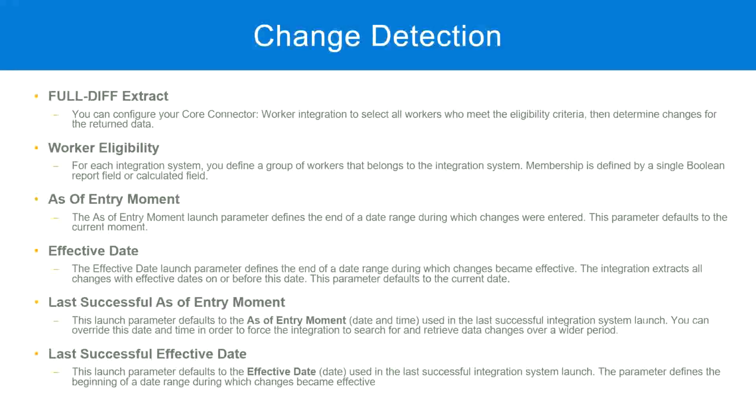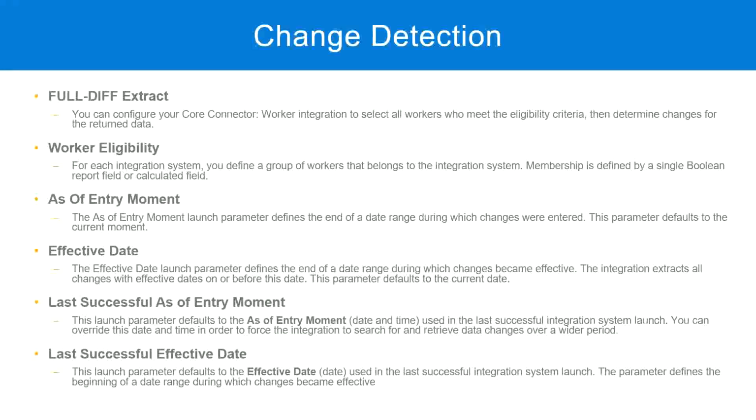This is done to improve performance. Then it works with another field called Worker Eligibility criteria. Eligibility criteria is nothing but a filter condition to identify a population of workers whom you are considering.